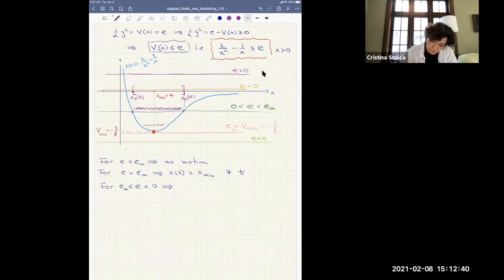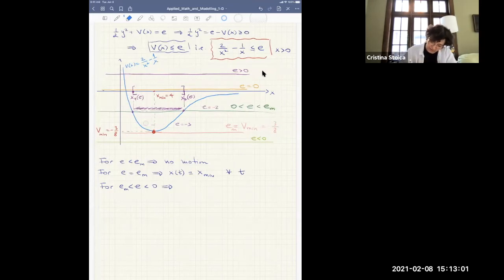Say we take E equal to minus 2 and E equal to minus 3. The value of x1 at minus 3 is a different one than x1 at minus 2. That's what I'm trying to say, so it varies with the level of energy.